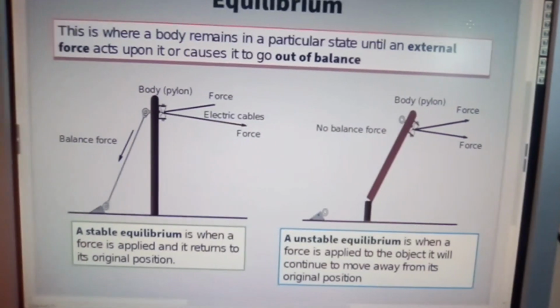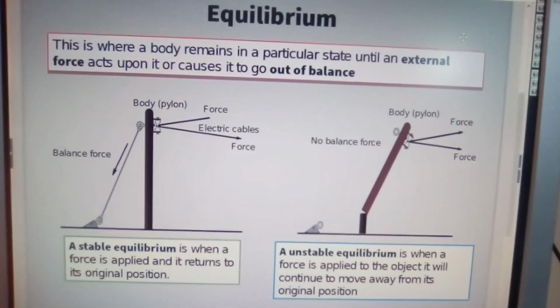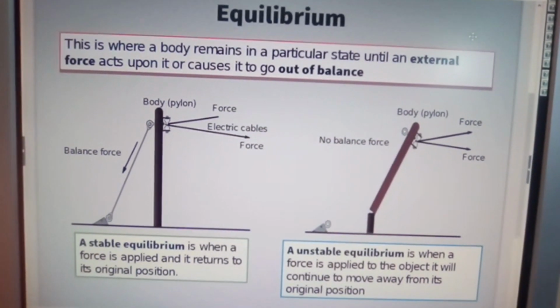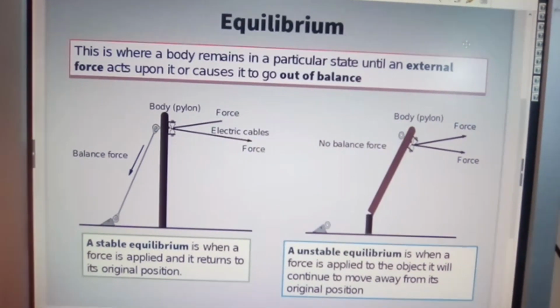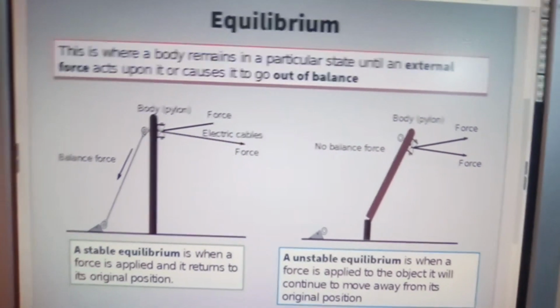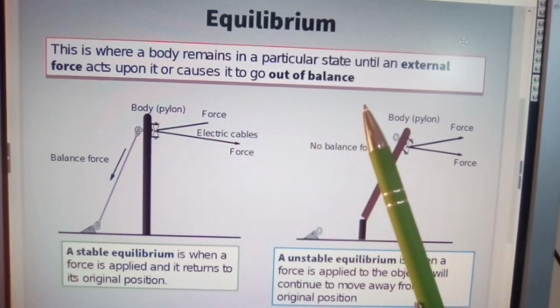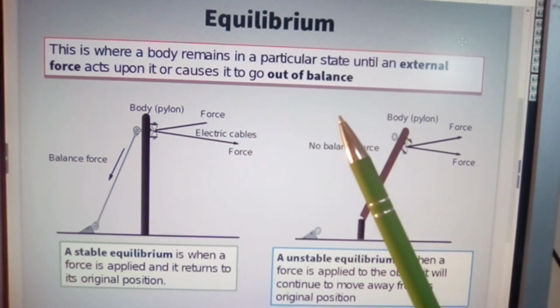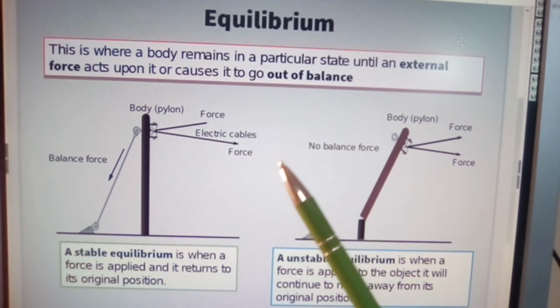Now here we have something called equilibrium. This is where a body remains in a particular state until an external force acts upon it or causes it to go out of balance.